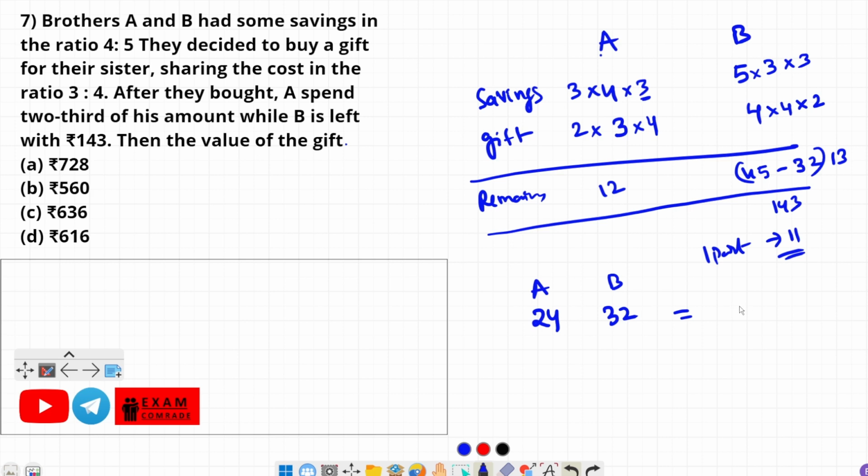That is 24 plus 32, 56 parts, right? So 56 into 11, that is 616, right? D is the answer. This is somewhat a moderate question. If you practice, you can do it in less time also.